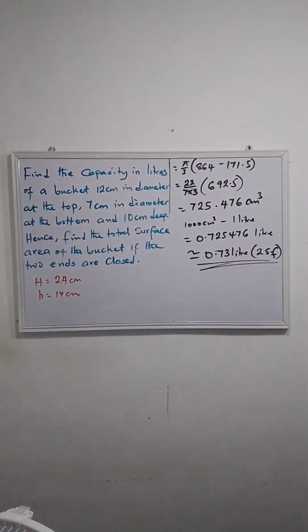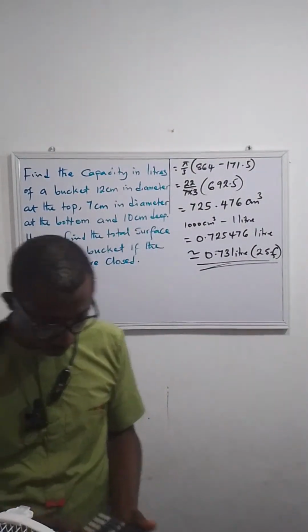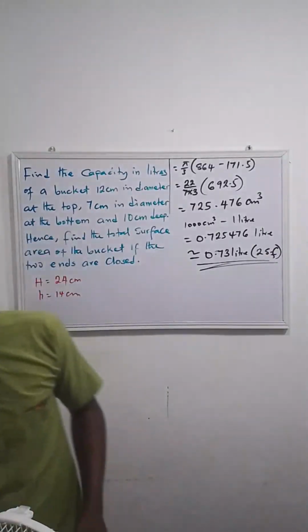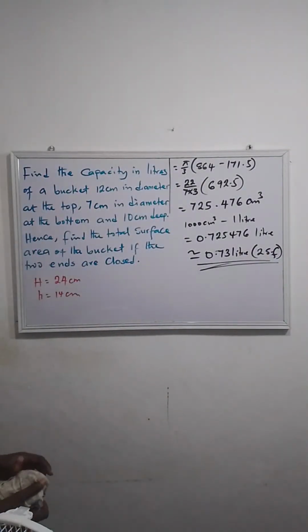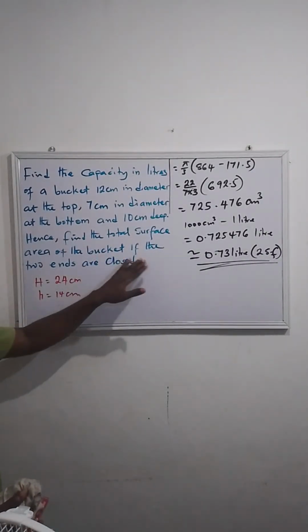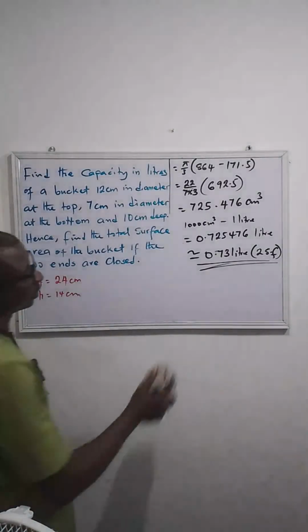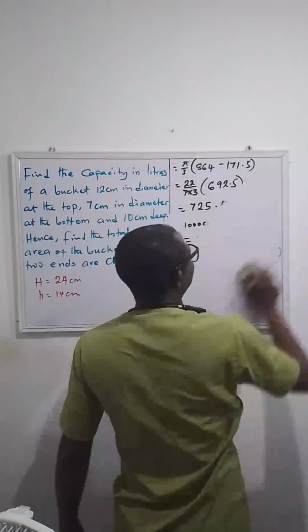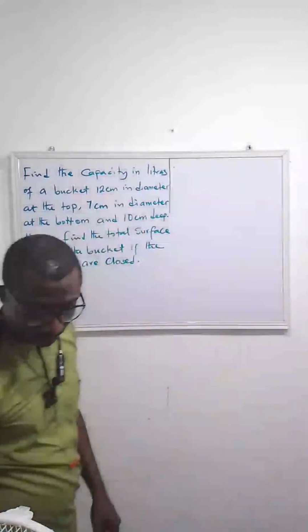Okay, so let's continue with the second part of the question. So the question says find the total surface area of the bucket if the two ends are closed. Now, don't forget, the bucket looks like this.